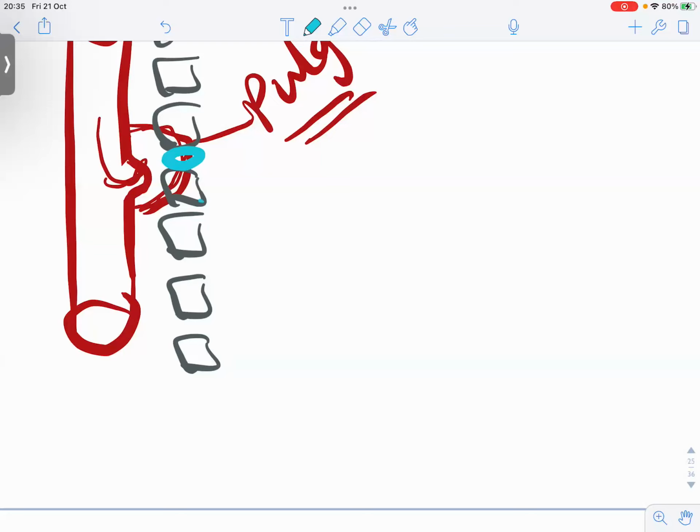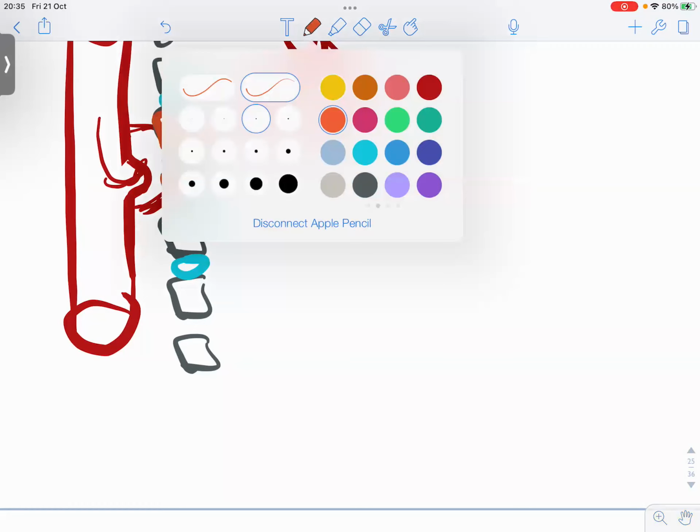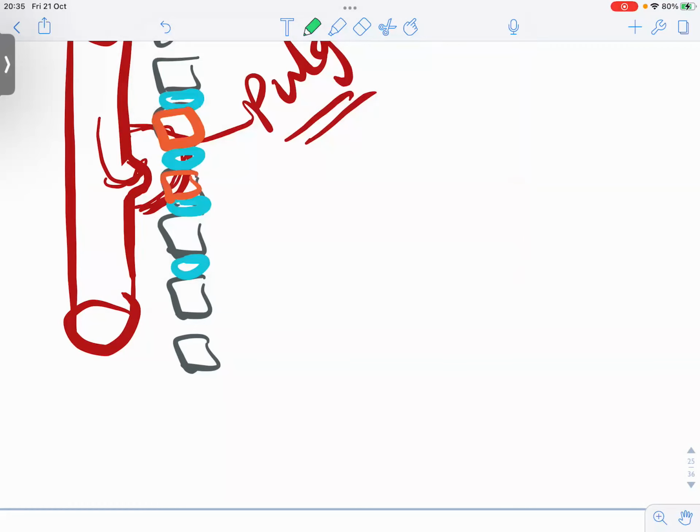We have here an intervertebral disc between each two vertebrae, and here we have the vertebral bodies. So we know in anatomy that the vertebral body has blood supply, but the disc does not have blood supply. So nothing will happen to the vertebral disc, but the vertebral body will start to die off.